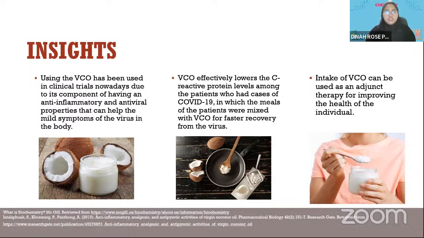VCO effectively lowers the C-reactive protein levels among the patients who had cases of COVID-19, in which the meals of the patients were mixed with VCO for faster recovery from the virus. Intake of VCO can be used as an adjunct therapy for improving the health of the individual, not just from the COVID virus, but from other illnesses also.